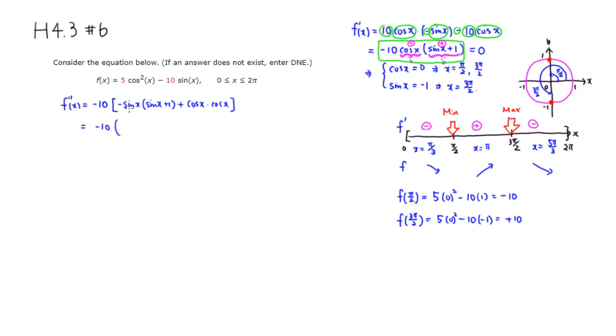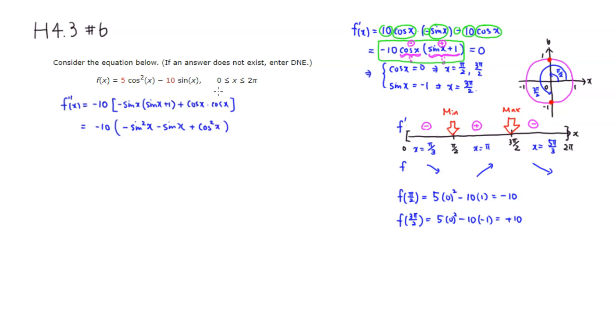So we distribute: negative sine times sine is negative sine squared of x, right? Then negative sine of x, and then you have a cosine squared, plus cosine squared of x, right?